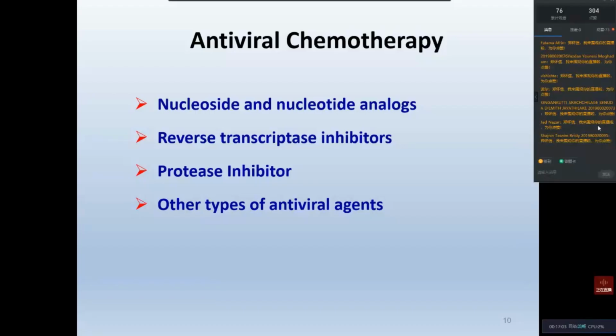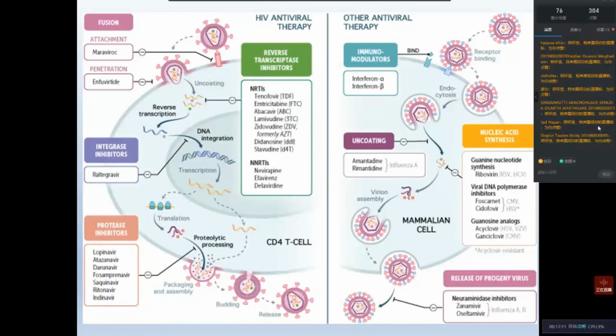This is a DNA chain, sorry. This is a retrovirus, for example, HIV. But if you use some analog, this analog is modified here. This is not an OH group anymore. This is N3, containing 3 nitrogen atoms.